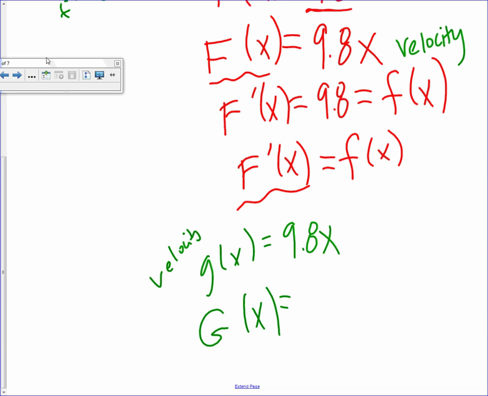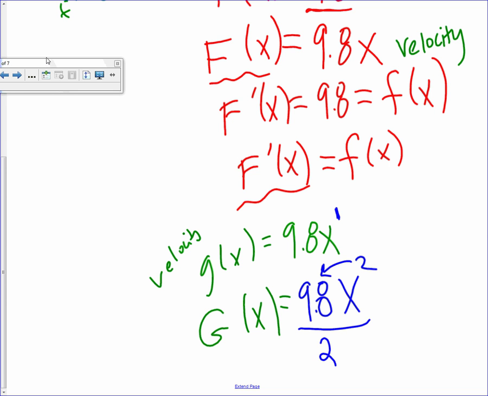Okay, so let's think about this. 9.8x has an exponent of 1. When you're taking the derivative, the exponent decreases by 1. So for the antiderivative, the exponent will increase by 1. Put the 9.8 in front. Also, when you go to take your derivative, remember you're going to be multiplying by 2, so we need to do the inverse and divide.